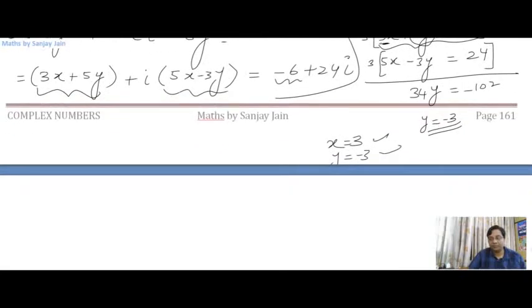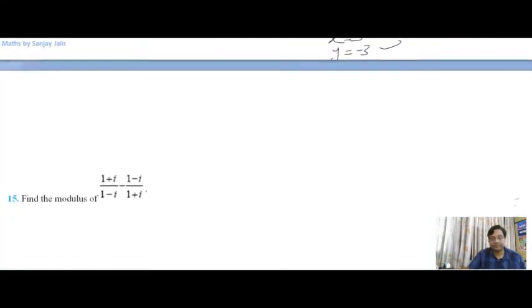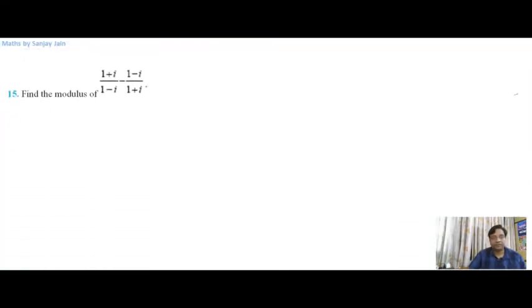So let's move forward. For the modulus of this complex number written here, let us first of all simplify it. The denominator will become 1 into 1 minus iota into 1 plus iota, so 1 plus 1. And the numerator will be 1 plus iota whole square minus 1 minus iota whole square.